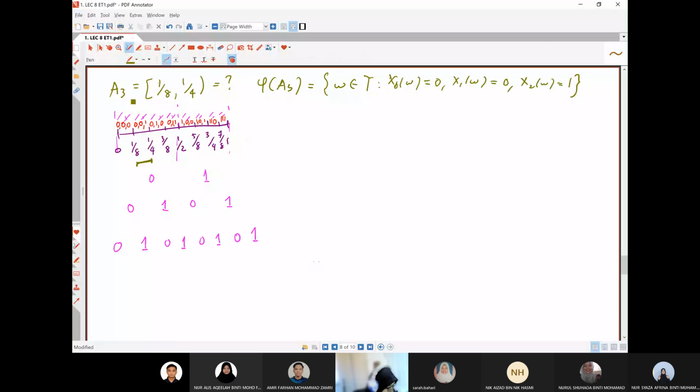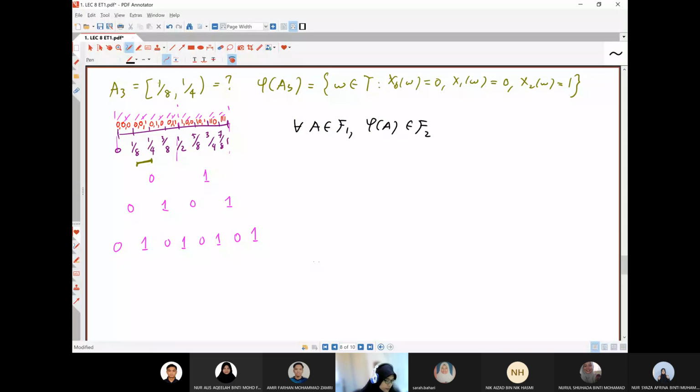Okay, now let's try. So this case settled. Now you want to see kan, first for any A in F1, you will have the image of A is in F2.